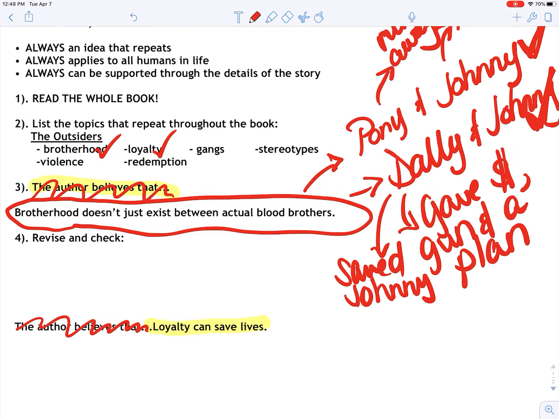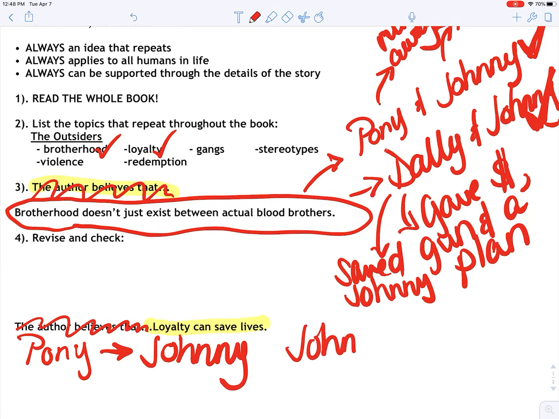And the proof that we need in The Outsiders is fairly straightforward. Whose life gets saved? Well, Pony's life gets saved by Johnny, because Johnny was loyal to Pony Boy and protected him from Bob. Johnny's life gets saved by Dally, because Dally ultimately risked his own life to pull Johnny out of a burning building, right?